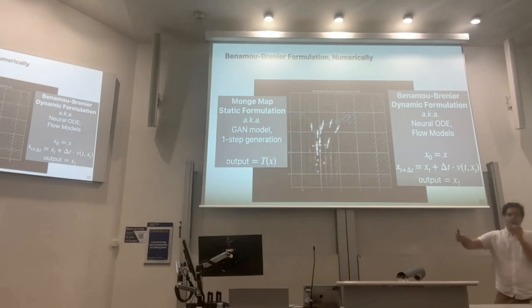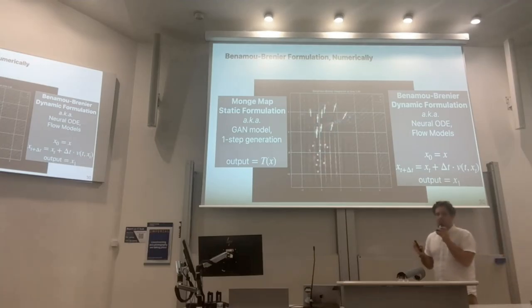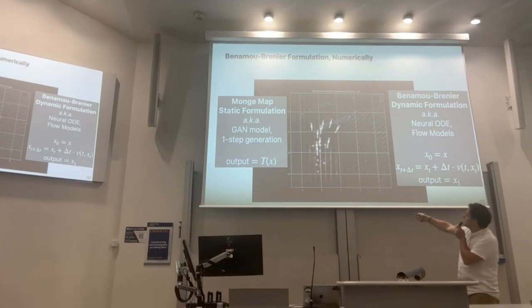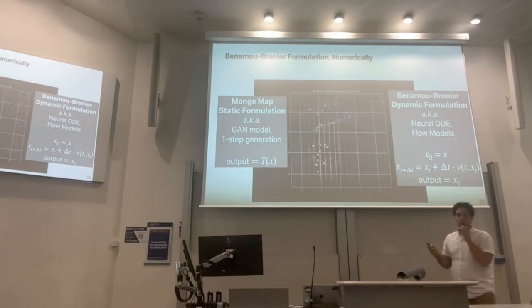So on one trajectory, on one path, the velocity is the same over time. Again, I'm just trying very hard to show you that these vectors here, no matter where they are, they change. But this does not contradict the fact that the optimal transport trajectory is still straight.